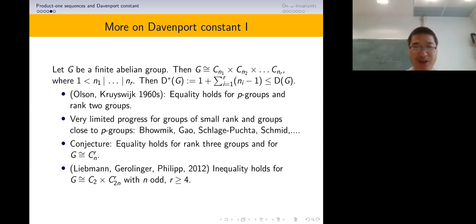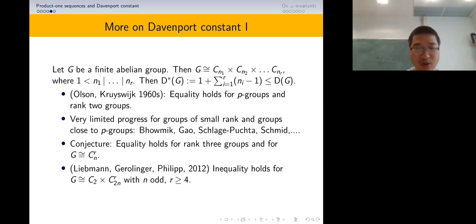Many mathematicians worked on it, but there is only very limited progress. Our conjecture is that equality holds for rank 3 groups and for groups G which are isomorphic to a copy of the cyclic group. In 2012, Geroldinger, Schmid, and Zhong found a group G isomorphic to C2 to the r-1 times C2n, where n is odd.